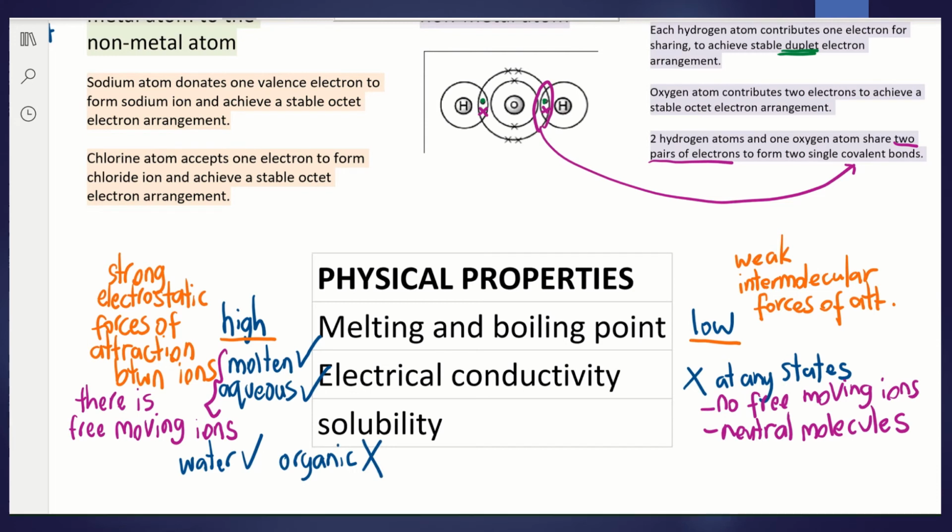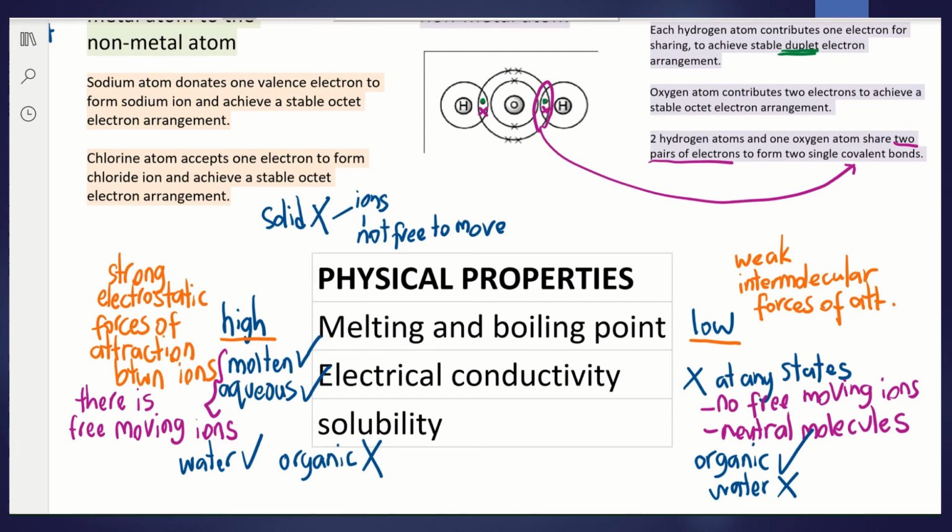Meanwhile, covalent compound is soluble in organic solvent but insoluble in water. But why can a solid ionic compound not conduct electricity? Solid ionic compound cannot conduct electricity because there are no free-moving ions. The ions are there but they are not free to move.